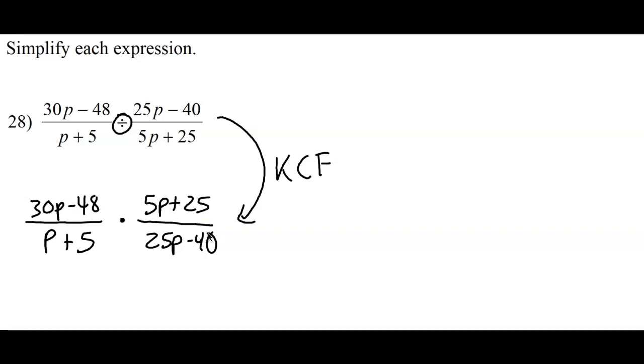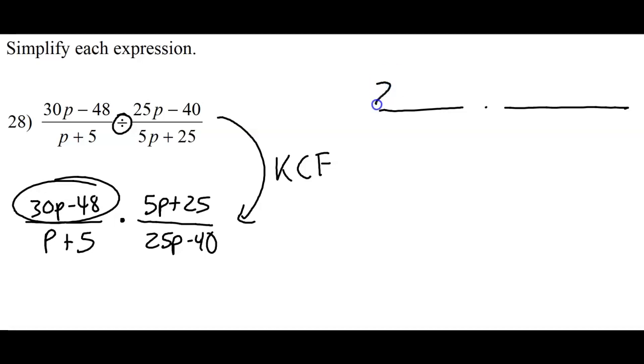After that, it's a multiplication problem. So the steps are the same on this next step as they would be on the last problem that we did. So the first thing we're going to do now is we're going to factor. So what can we divide out of 30p and 48? I think the only thing I can think of that would go in there is 2.